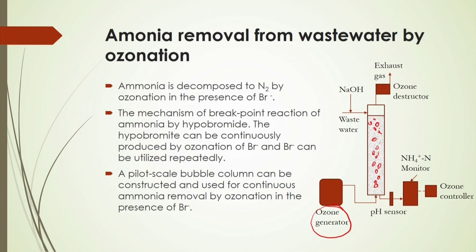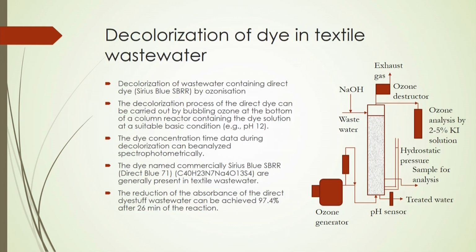So, this is also one example of this bubbling flow system. Here the ozone gas is to be supplied, and simple gas supply is not possible, so you have to supply it as a bubbling system. That is why the bubbling bed, or two phase bubbly flow system, is applied for these particular processes.